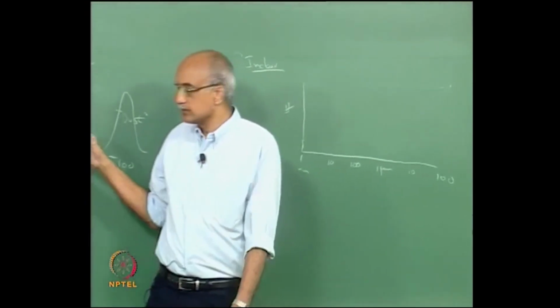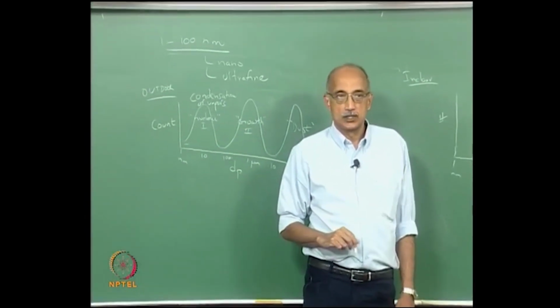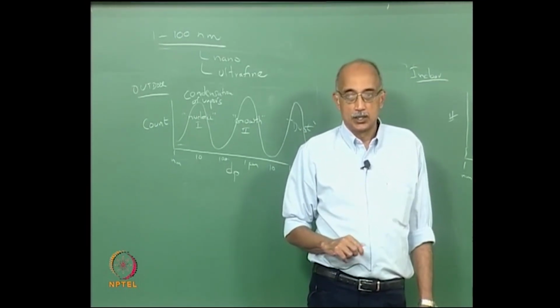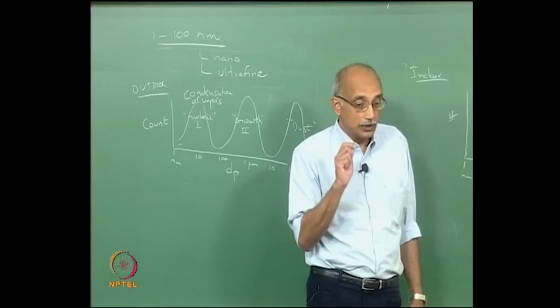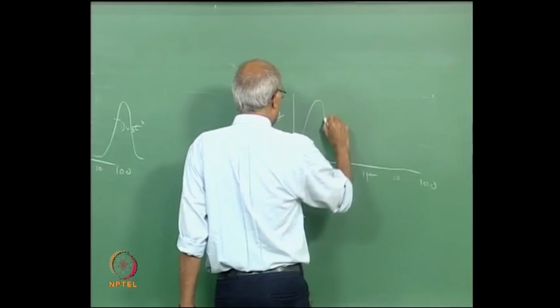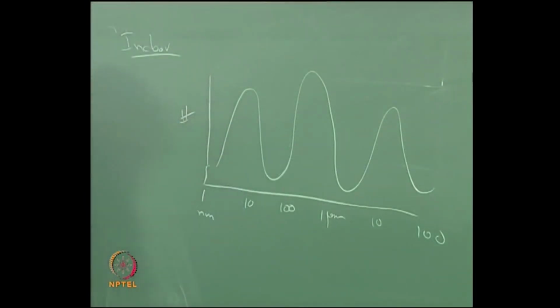Do you think the same trimodal distribution will prevail in the case of the indoor environment also? Actually, again the qualitative nature of the size distribution remains the same. You still see a trimodal size distribution even in indoor environments.